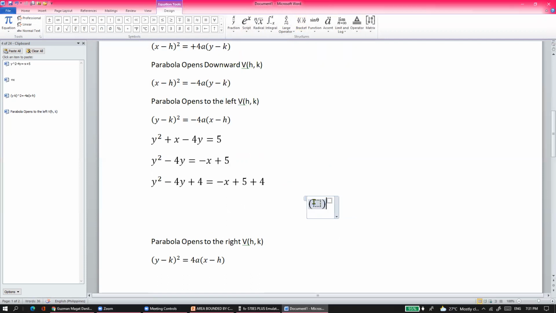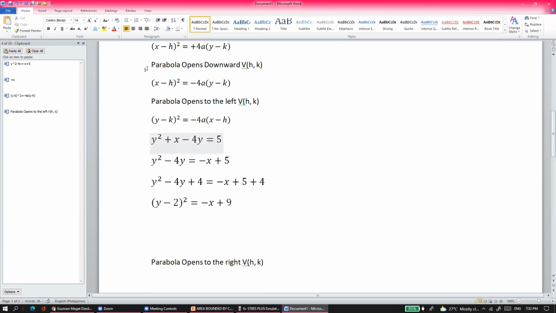So I will write here y minus 2 squared equals negative x plus 9. Gusto ko i-format ng ganito. So ipapactor out ko yung negative 1, and then yung sign ng 9 is magiging negative dito.